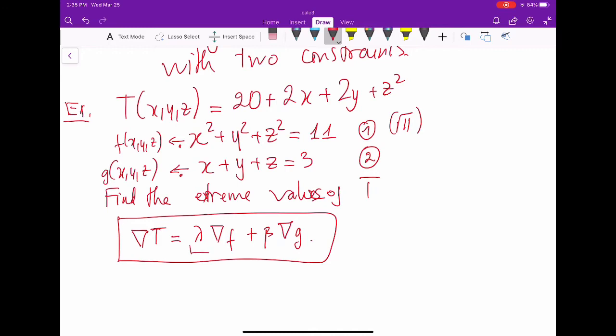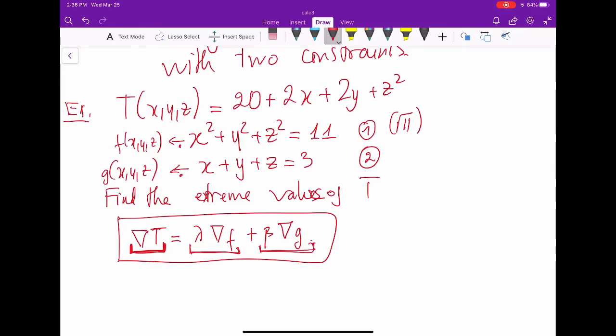What does it mean, linear combination of two gradients in here? That means the normal vector, gradient t, is just a linear combination of normal vectors gradient f and gradient g.